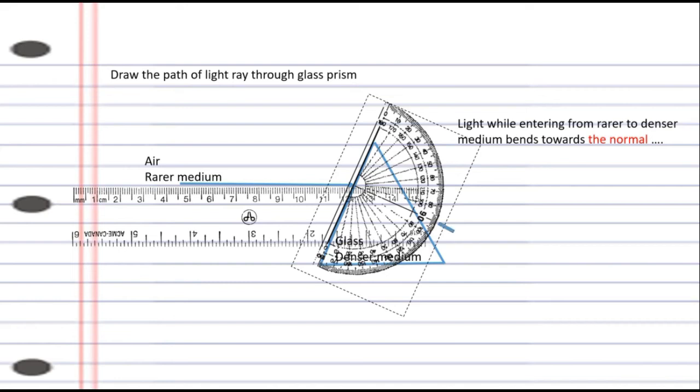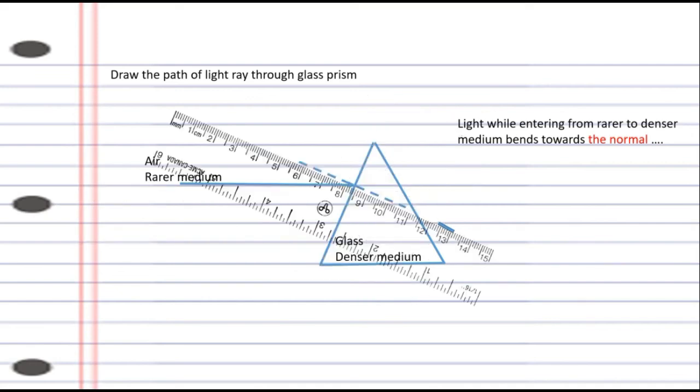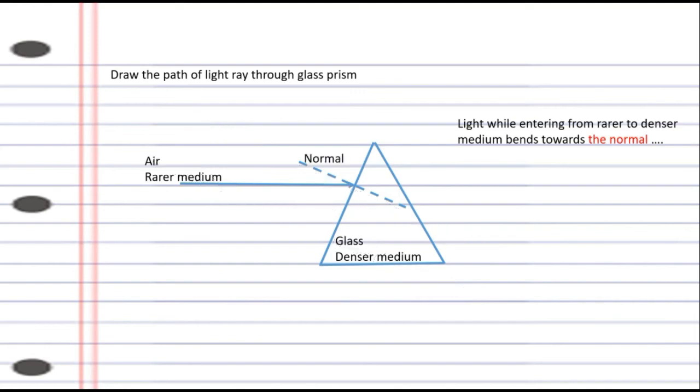So let me just make a mark there at 90 degree and then go for the scale and draw a normal. Remember, you have to draw the normal and represent it in dotted lines because it's not a ray, right?